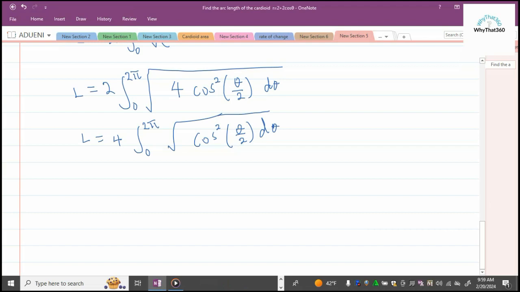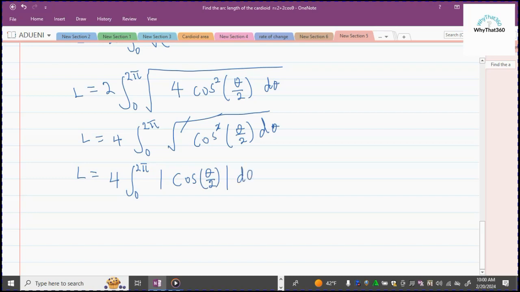At this point we have cos squared being squared, and we have to take the square root of that, and you know the square and the square root cancel. That leaves us with the length being equal to 4 times the integral from 0 to 2 pi of the absolute value of cos theta divided by 2, d theta.